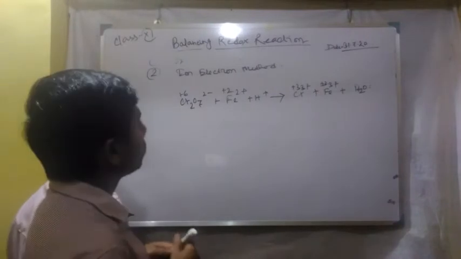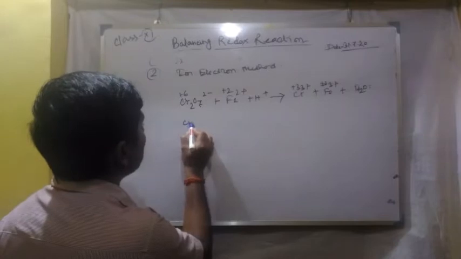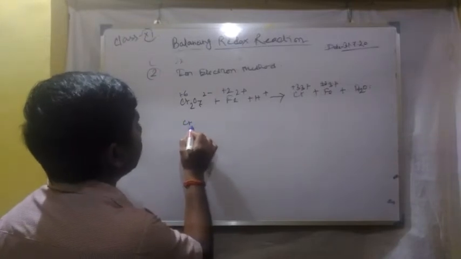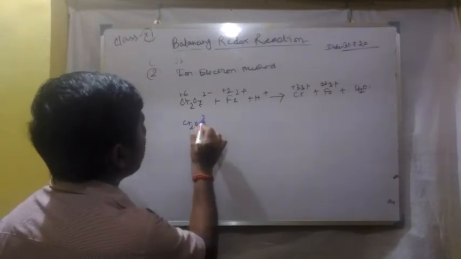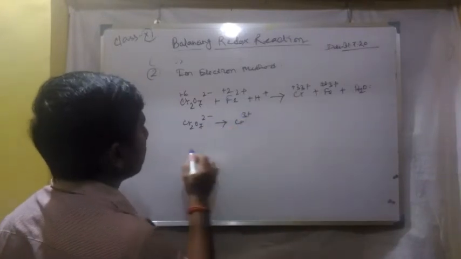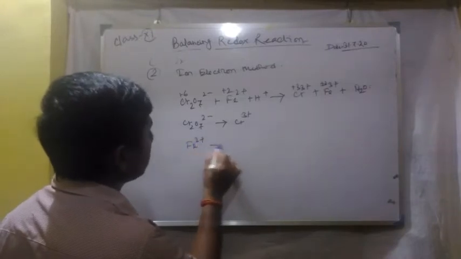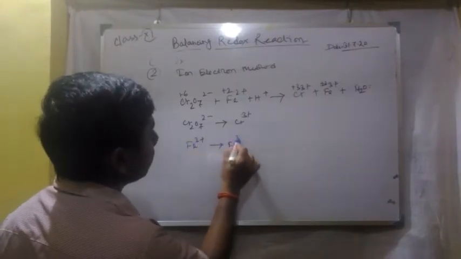Okay, so the reactants are Cr2O7 2 minus going to 2 Cr3 plus, and iron 2 plus going to iron 3 plus.